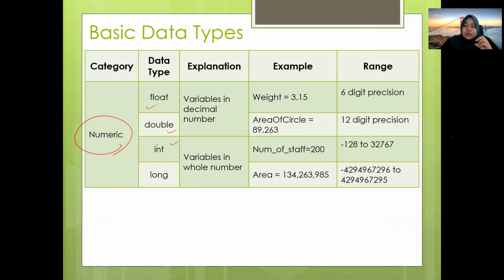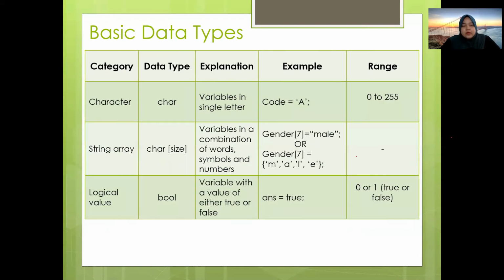Tapi sebenarnya guna integer pun dah cukup untuk simpan whole number. Okay, ni dia data type. So next kita ada character, iaitu alphanumeric. This one is category alphanumeric lah. So character data type dia adalah char. Variable in single letter, maksudnya dia simpan single letter A, B, C, D, tu maksud dia. Itu dia.